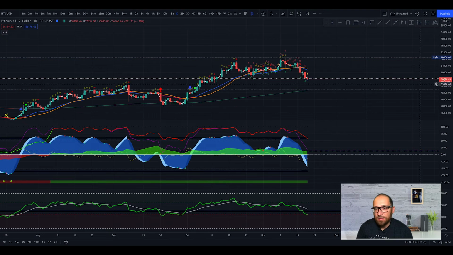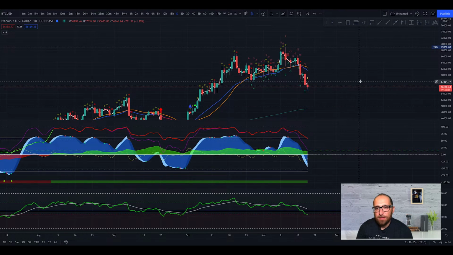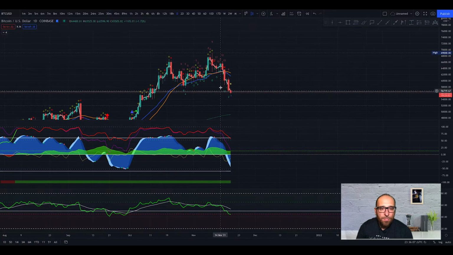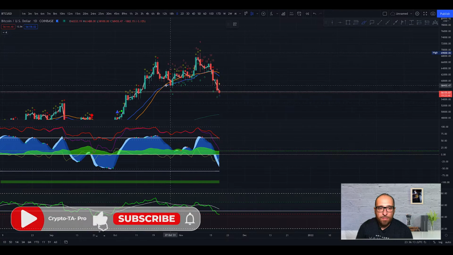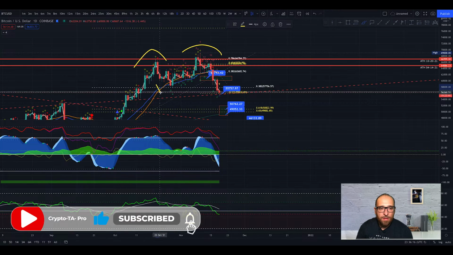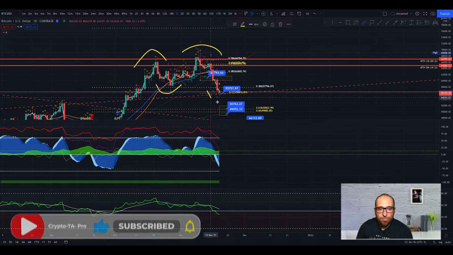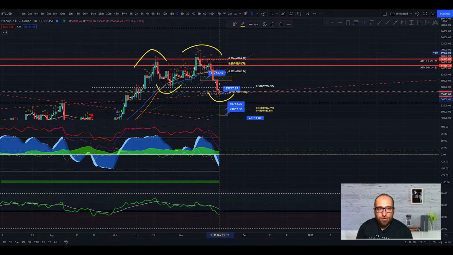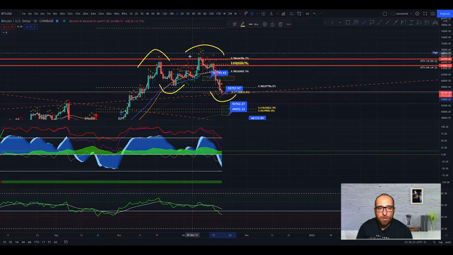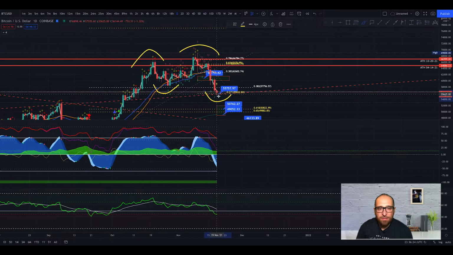Also, if we look at the 1-day chart, something very interesting: right now, we can talk about this inverted head and shoulders on the bullish side, but it's early. Okay, we need to see the head formation because this is an option to the bearish side.